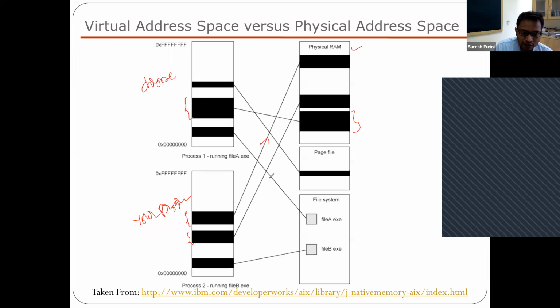This part of the virtual memory of process P2 is allocated this part of the physical RAM. So this chunk is allocated to process P2, and this chunk is allocated to process P1.